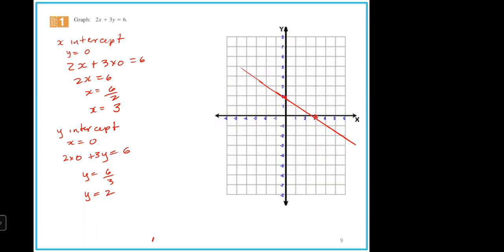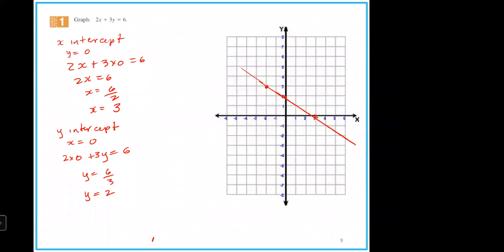And so if you find any point on this graph, I'm going to choose this point here that says -2, 3. And we could check to see if it works.